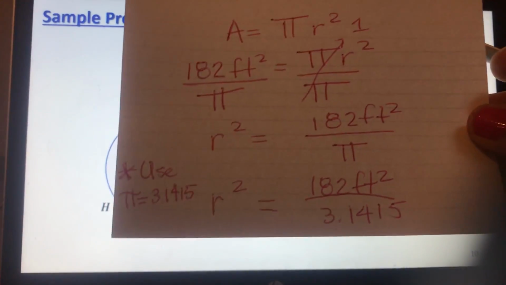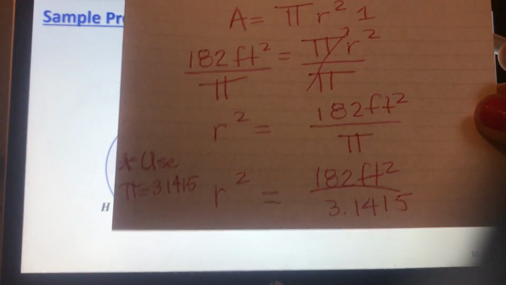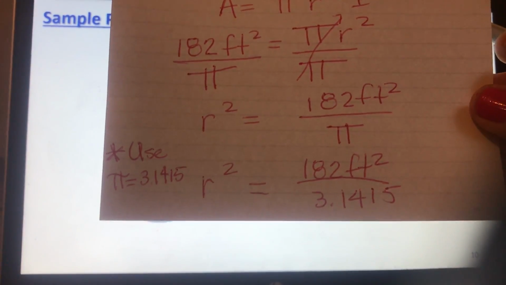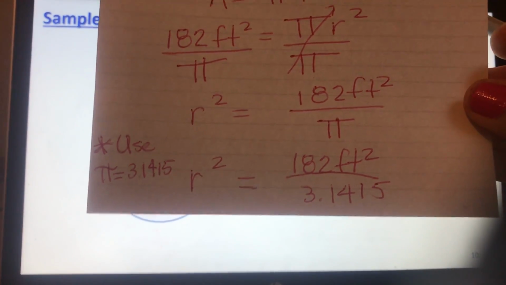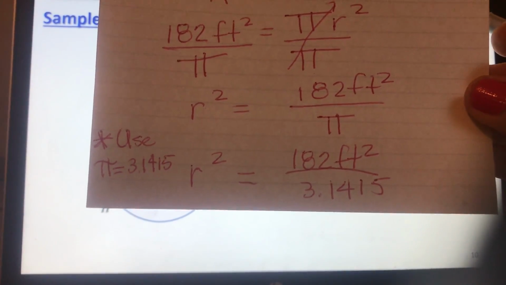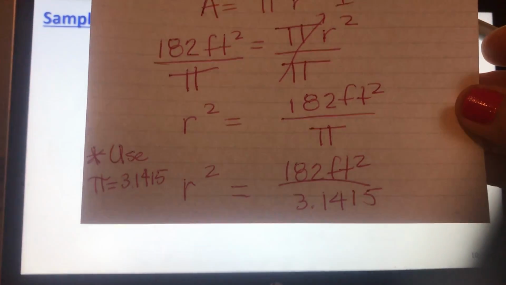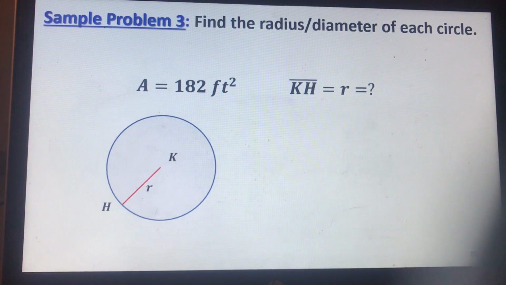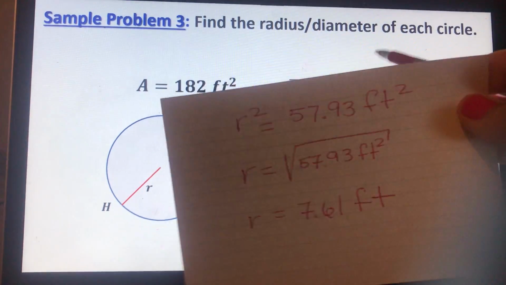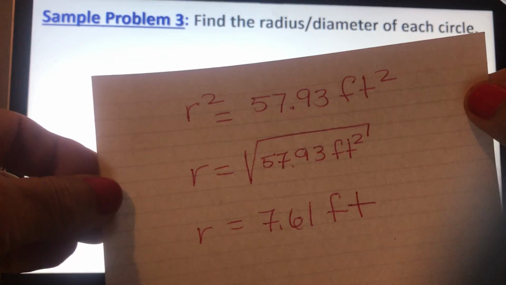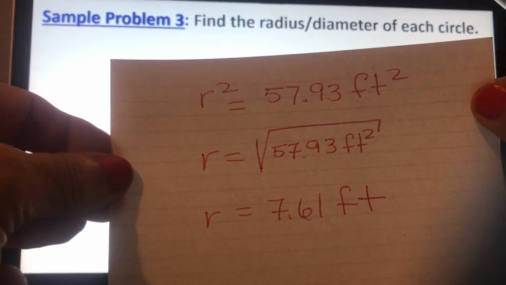Now we're going to substitute pi. In this case, we're going to use pi equal to 3.1415. So R squared is equal to the area, 182 square feet, divided by 3.1415, which is pi. When we get that, we can see that R squared is equal to 57.93 square feet.